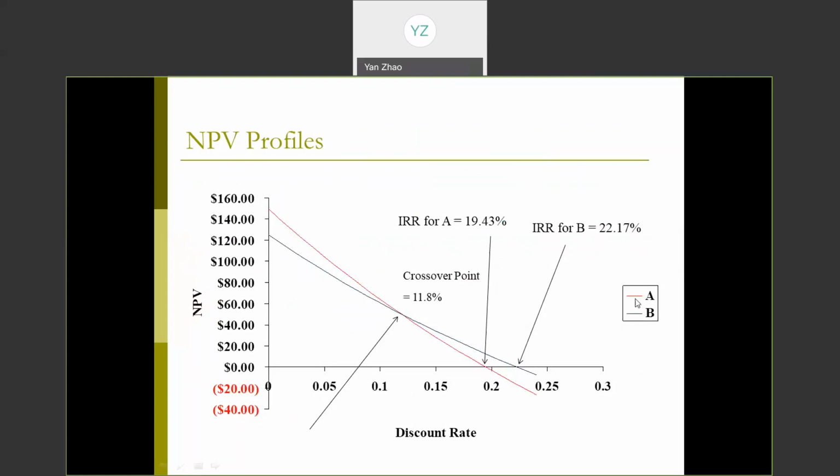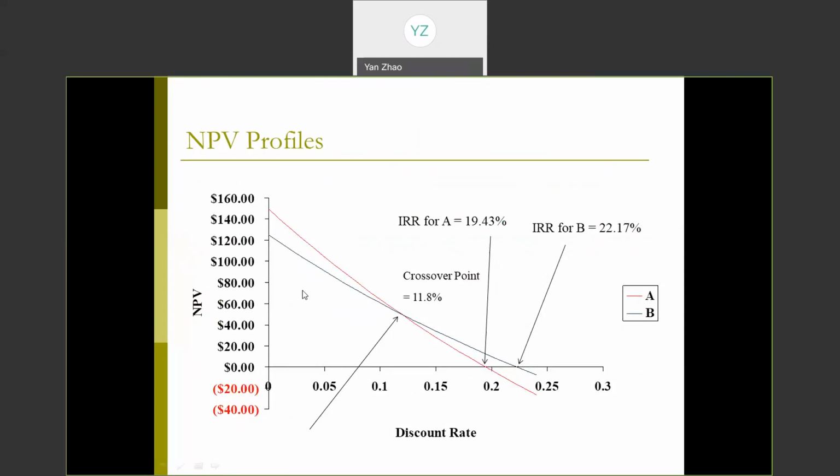So the red one is project A. At 19.43%, project A has a net present value of 0. The second important cutoff rate is 22%, which is the IRR for project B, the blue one. At 22%, project B has a 0 net present value.